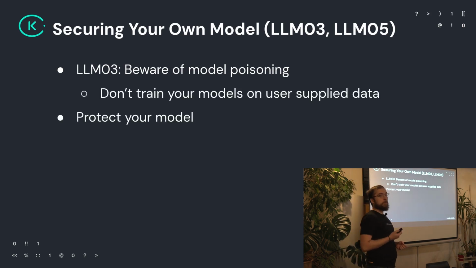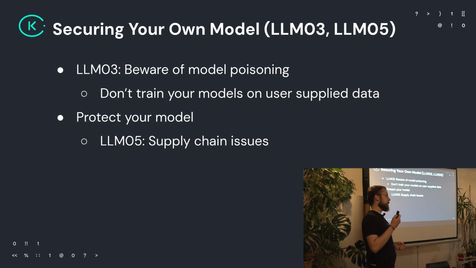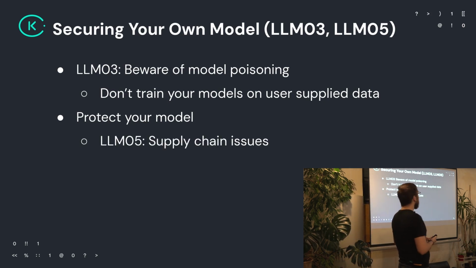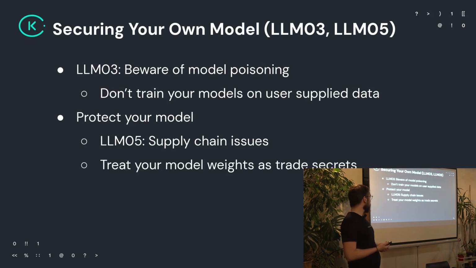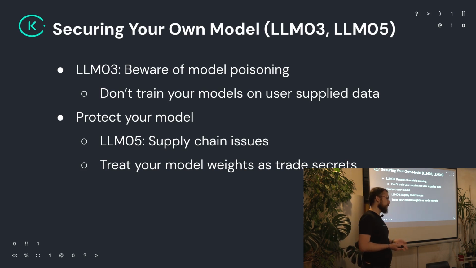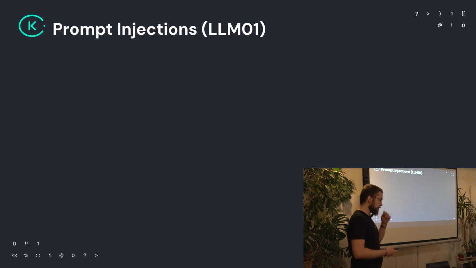And also protect your model, because the training phase is very expensive. You also need to deal with supply chain issues, like having third-party dependencies that will break your security, and also really just treat your weights, the output of the training, as a trade secret, do all of the regular protections, don't give it anywhere, and so on and so forth. Since you are not doing that, let's move on.